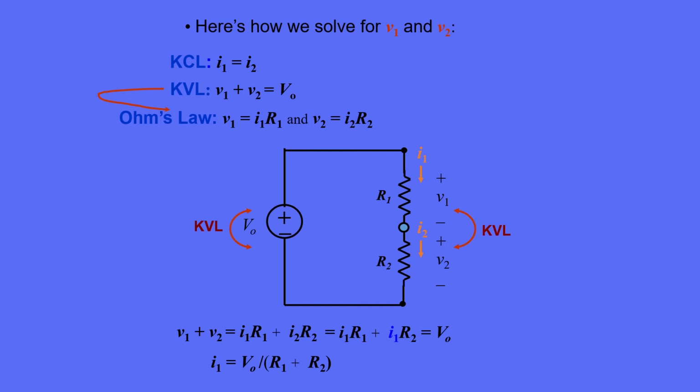It's equal to V0 divided by R1 plus R2. With a little practice, you should be able to arrive at this result by inspection, because the two resistors added together form an equivalent resistance, R1 plus R2, and it's connected across a single voltage source. So you only have to apply Ohm's law to the equivalent resistance as a whole.